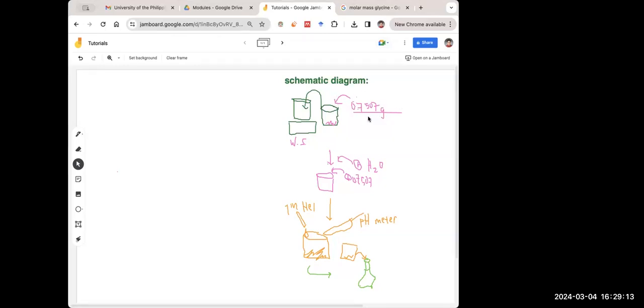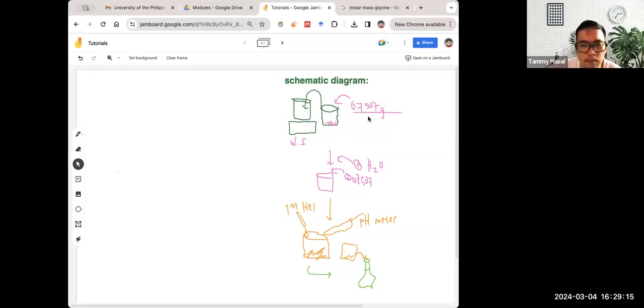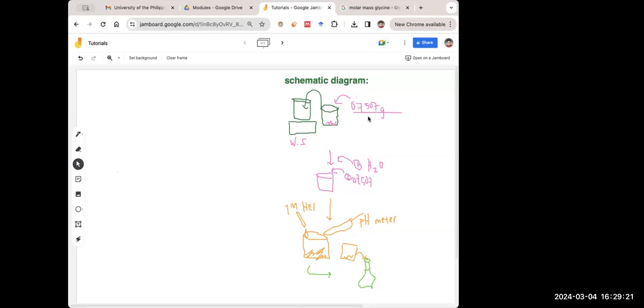To do that, first we had to solve how much we needed. Can you use your cursor to annotate? Okay. We needed to get a sample for 100 ml of the amino acid solution. We need a sample of 0.1 M glycine.